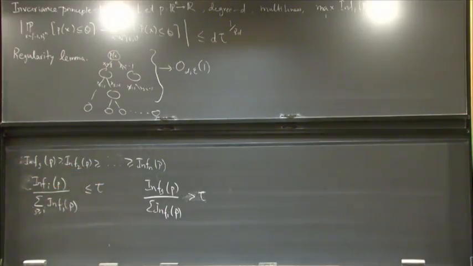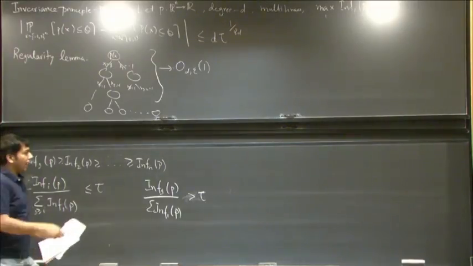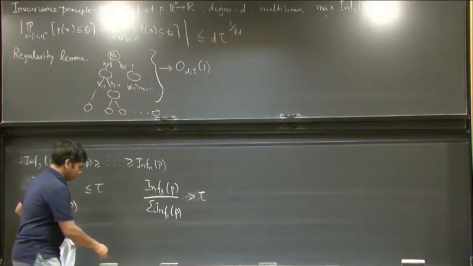You keep going, and at some point you will definitely find a variable such that the influence of i of p divided by the influence of all the variables after it in that order is smaller than tau. If you don't find anything, that's also fine, but find the first such index, or say it's infinity.